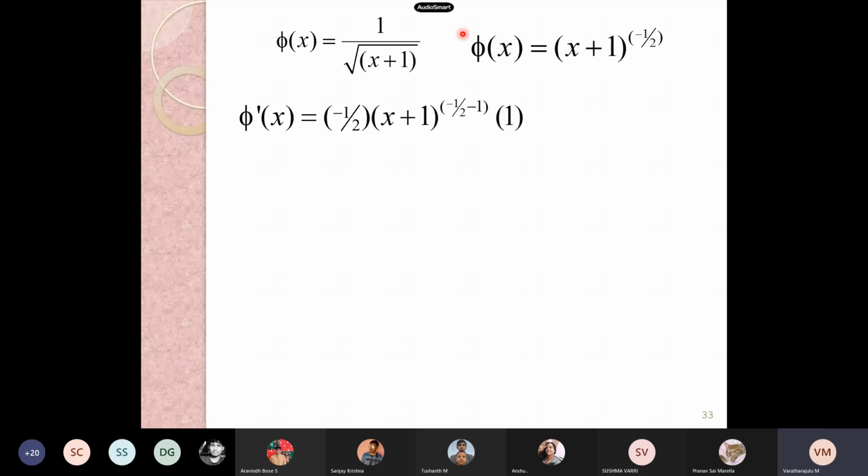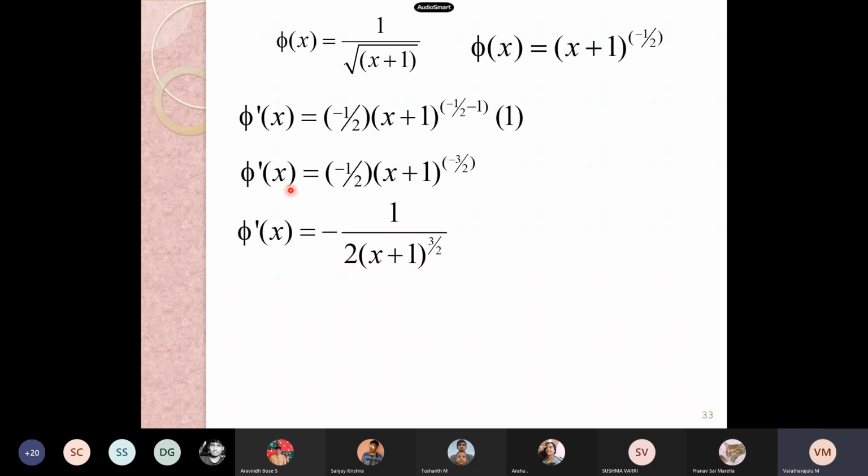I have differentiated; there won't be any influence, that x becomes 1. So this pi dash of x is equal to minus 1 by 2 into x plus 1 power minus 3 by 2. So my pi dash of x is equal to minus of 1 by 2 into x plus 1 power 3 by 2. So my modulus of pi dash of x is equal to 1 by 2 into 2 plus 1 power 3 by 2.